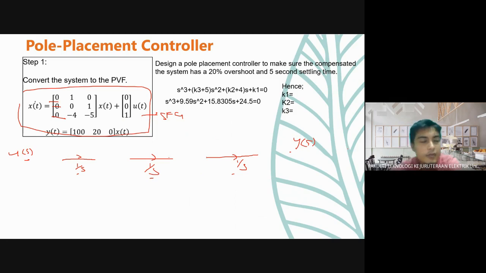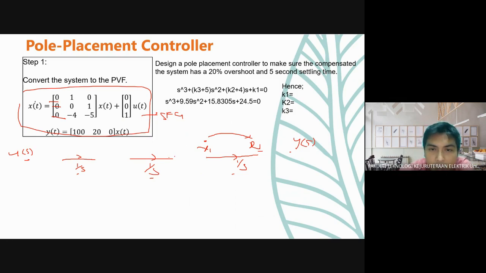Okay, done. And then after that, you just rename your labels. It must start from x1. This one is x1 dot, because if you integrate x1 dot, it will become x1. You come here.